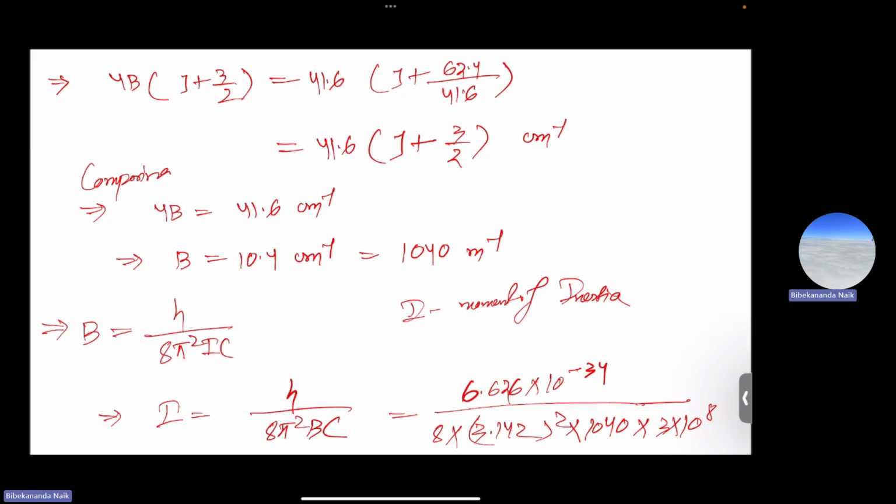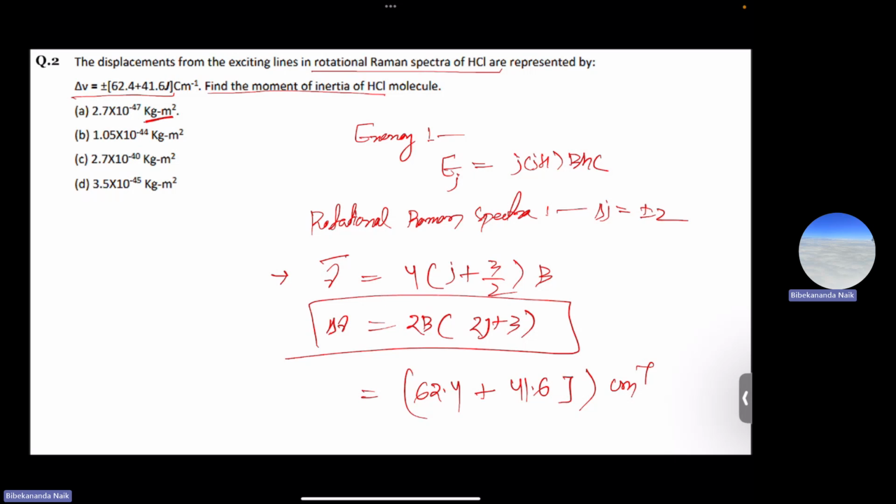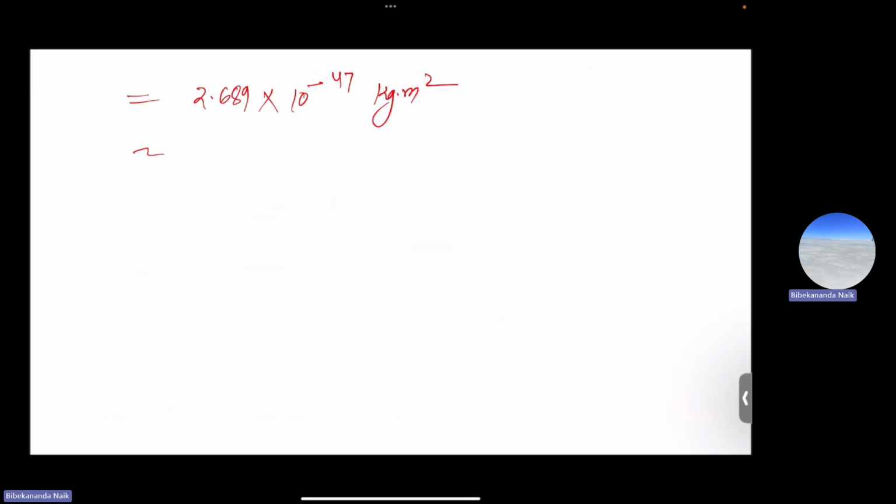If you calculate it, you will get 2.689 into 10 to the power minus 47 kg into meter square. And if you see the options, the closest option is 2.7 into 10 to the power minus 47 kg into meter square.